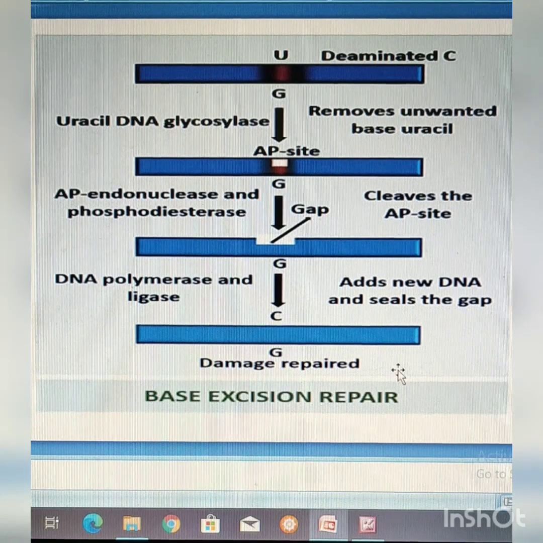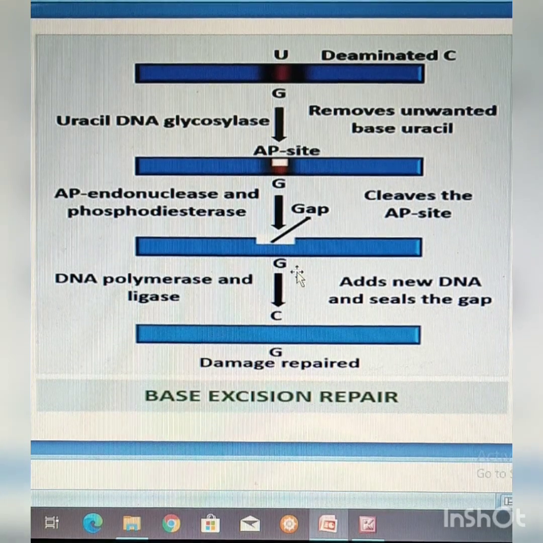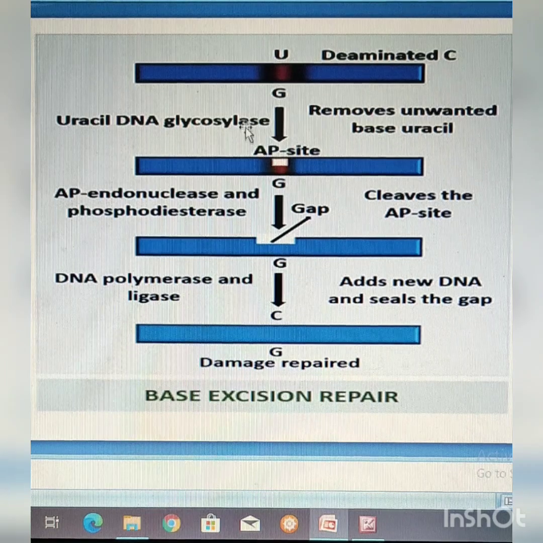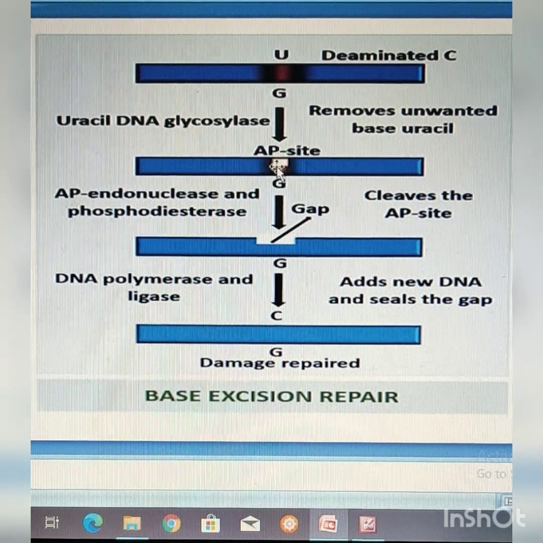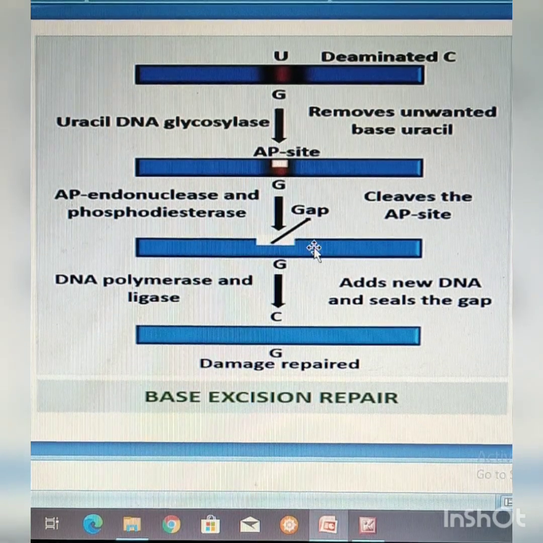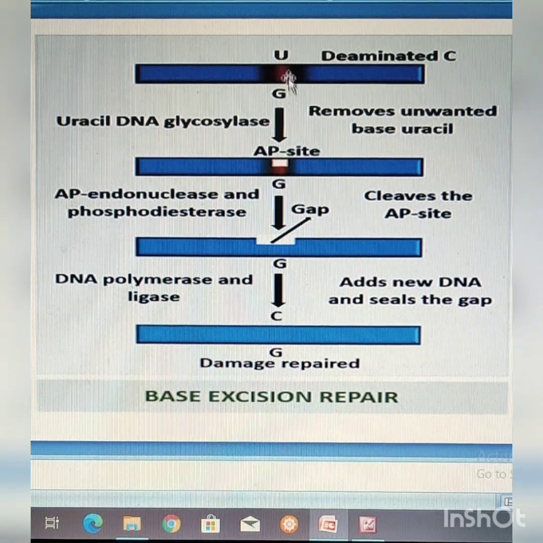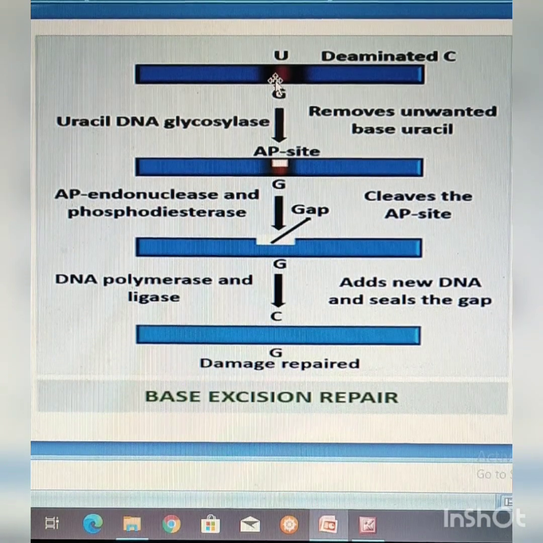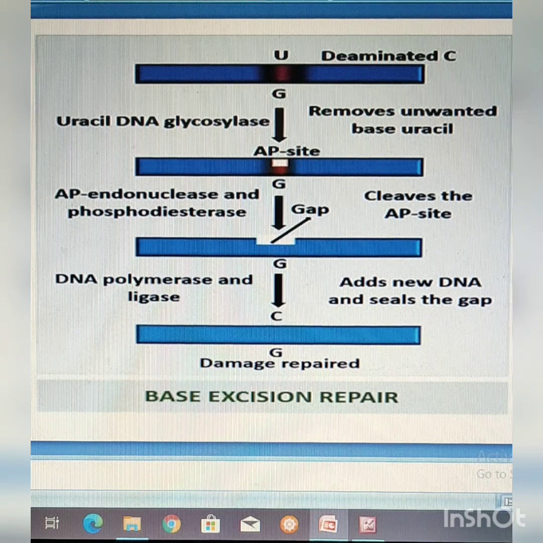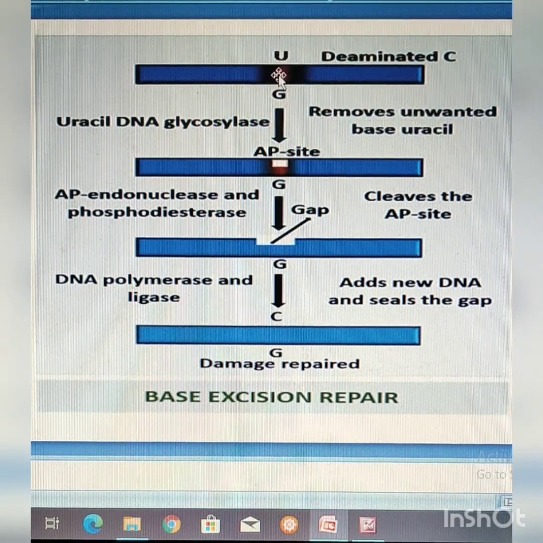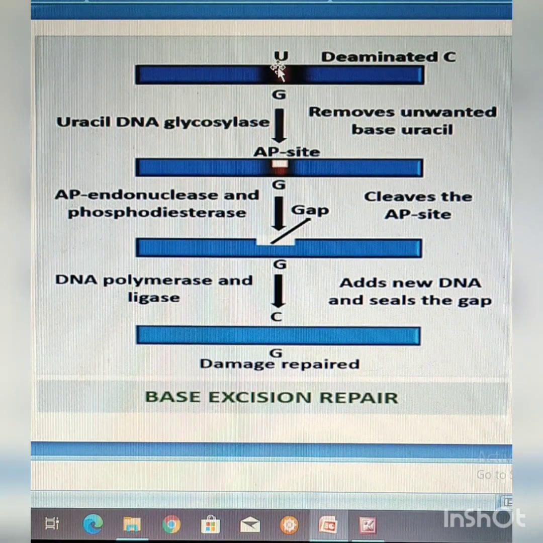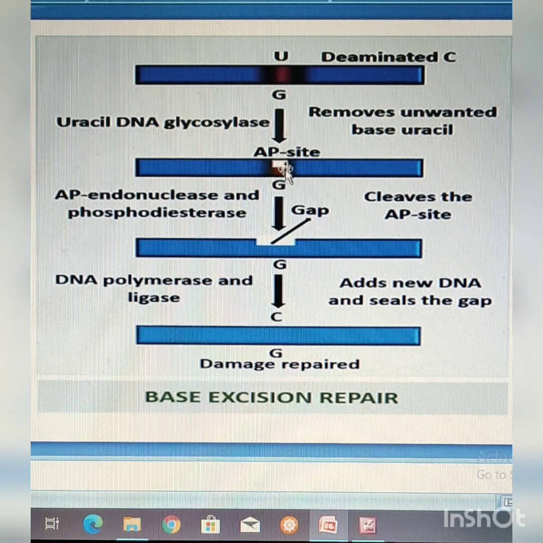So this is the flow chart of base excision repair. Here an apurinic or apyrimidinic site is created. The damaged or inappropriate base is removed from its sugar linkage and replaced.